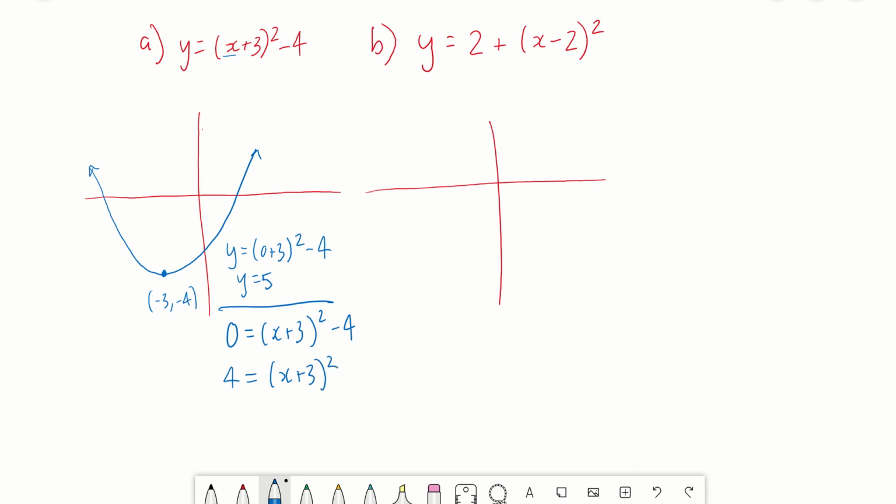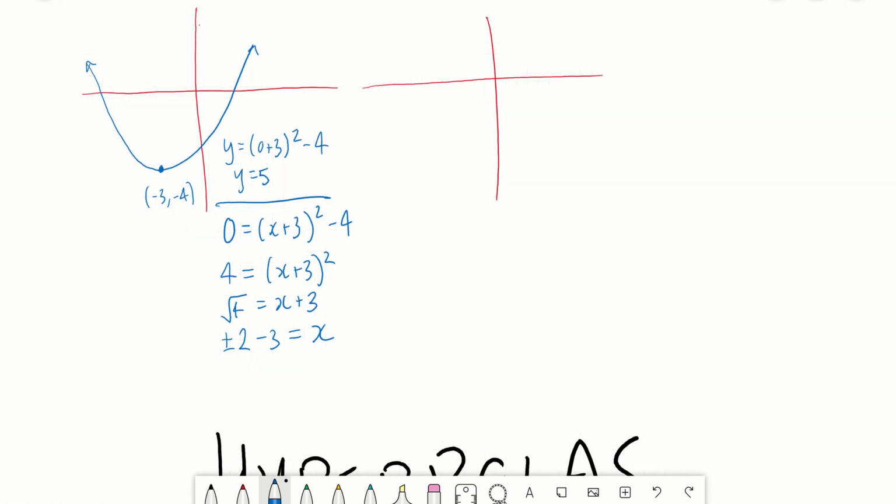Now I'm going to square root 4, which gives me plus or minus 2. So I got plus or minus 2 once I bring the 3 over. So my x values are plus or minus 2 minus 3. That's going to give me 2 answers, which makes sense because I've got 2 x-intercepts to find here. If I've got positive 2 minus 3, that gives me -1.